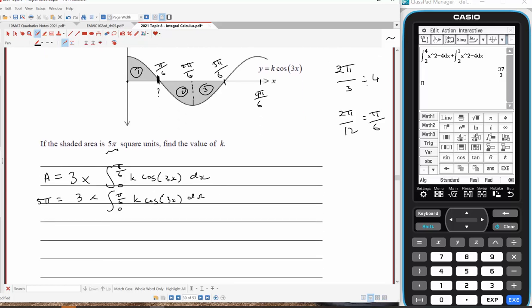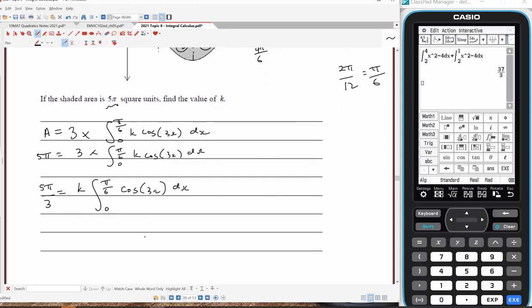Okay, now what's going to happen is I'm just going to divide by 3 first of all. So 5 pi on 3 equals, this k is going to come out as well, k integrate pi on 6, 0 cosine 3x dx. Now let's integrate cosine 3x.